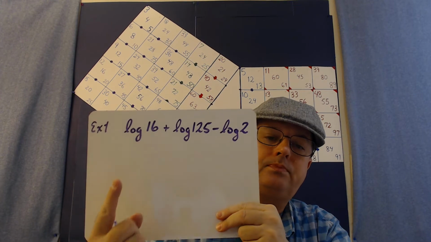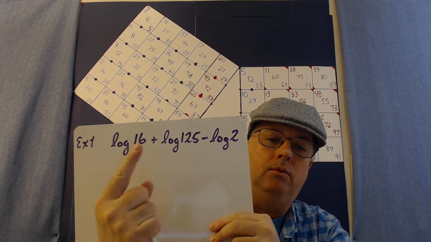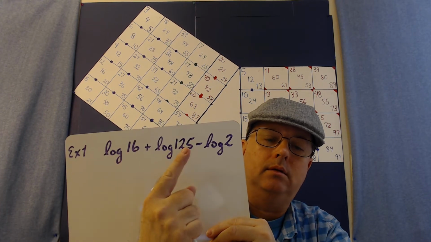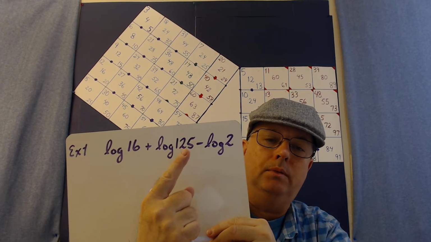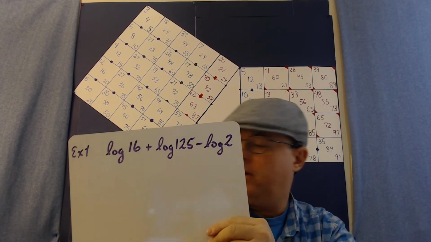Okay, so now when we're adding the logarithms, then that's the same as multiplying the numbers, the arguments. And when we're subtracting, that's the same as dividing.